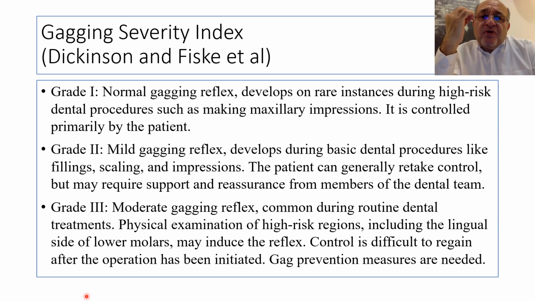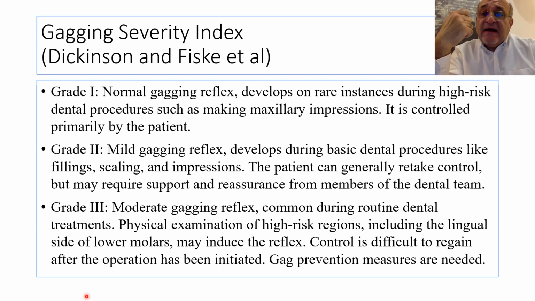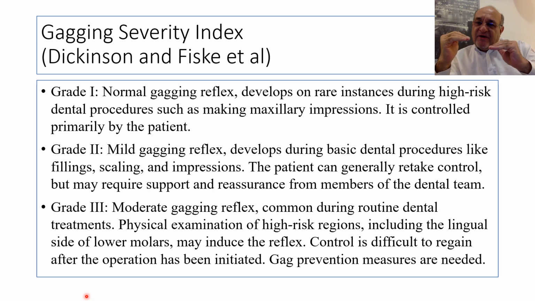This develops on rare instances during high-risk dental procedures, such as making a maxillary impression, and it is controlled primarily by the patient. So for most patients, grade 1 is a normal one. We don't see it with each and every patient, but in severe dental procedures, like making an upper impression, the gag reflex might be initiated.